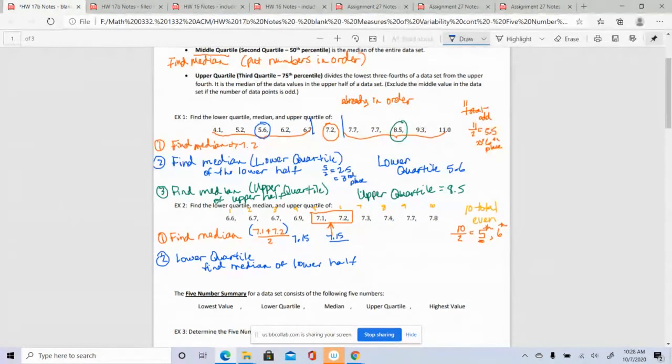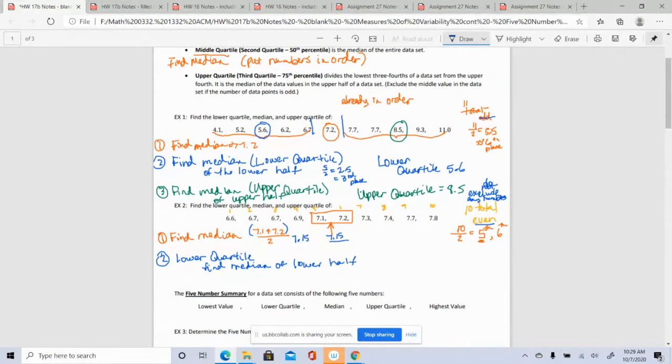Here's the upper half, I found the midpoint for the quartiles. Now here, we're not going to exclude. If we have that even number, we do not exclude any numbers.